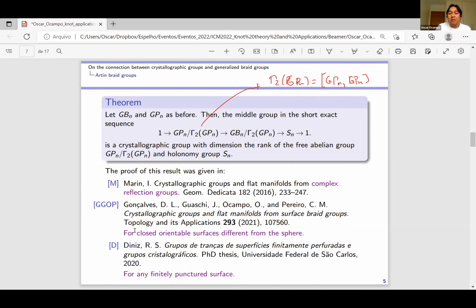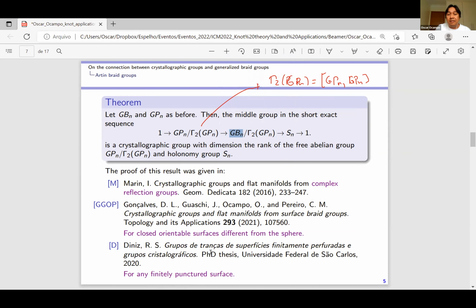We proved it for closed orientable surfaces different from the sphere. The result for non-orientable surfaces is that the middle group is not a crystallographic group, because this group is not a free abelian group. It has torsion elements.